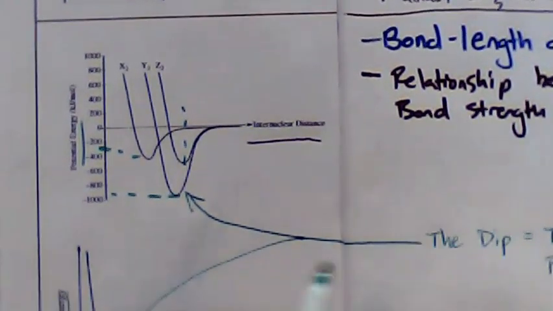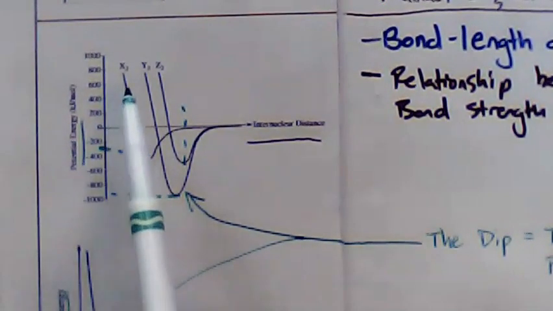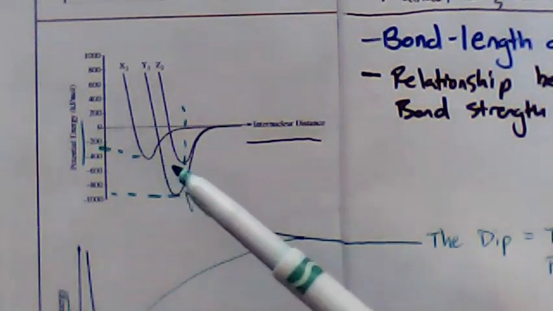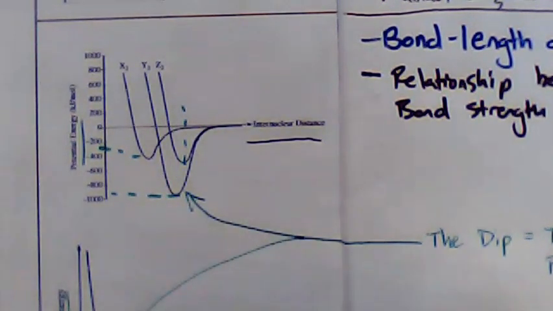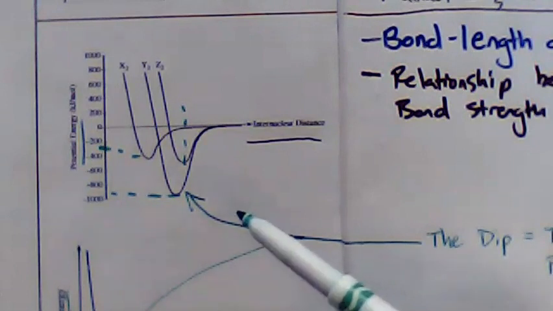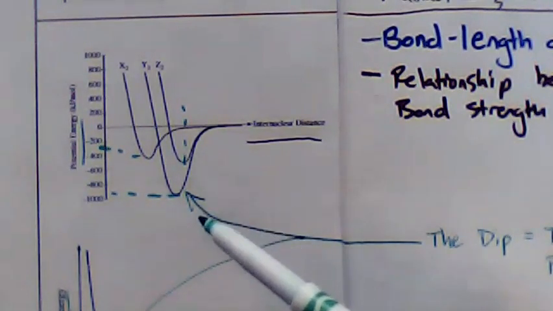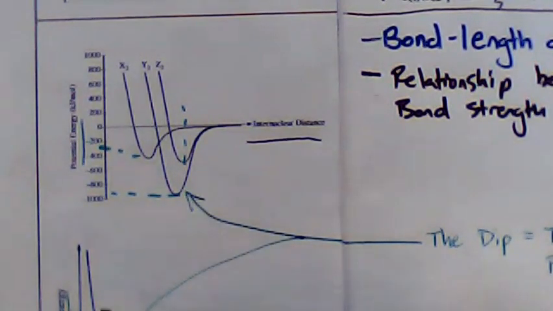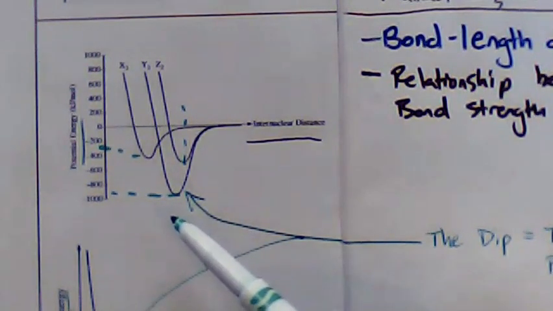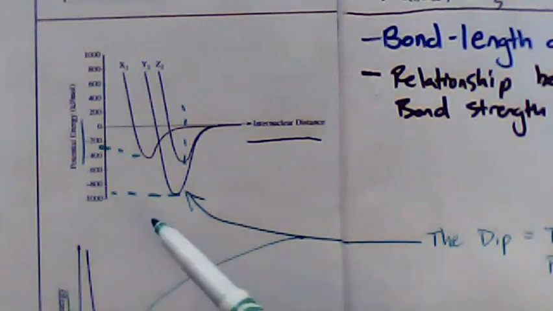So maybe up here, it would say you have X, Y, and Z, which one would represent maybe a double bond versus a single bond, or which one would represent a larger atom or something like that. You should be able to mark that stuff out.